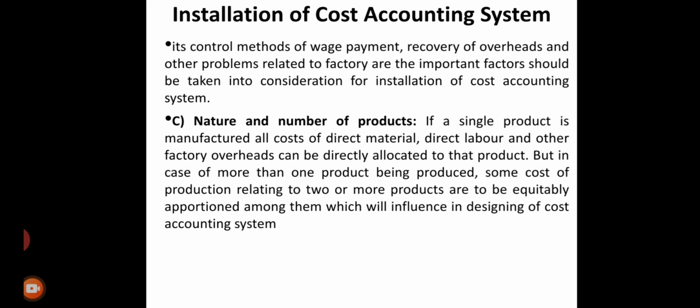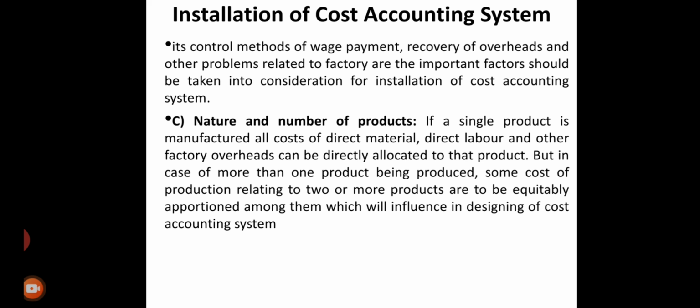Then, as a continuation, its control methods and wage payment, recovery of overheads, and other problems related to the factory are important factors that should be taken into consideration for installation of a costing system. Wage payment methods, recovery of overheads, then any other problem related to it, may be labor problem or any other problem. Such problems have to be considered before installation of the costing system.